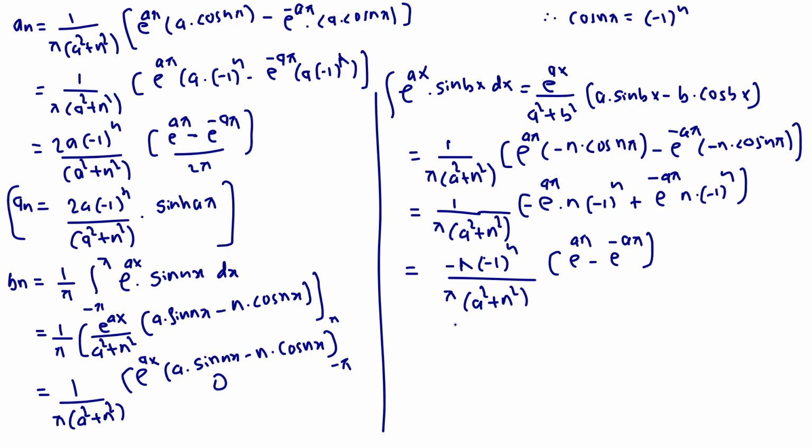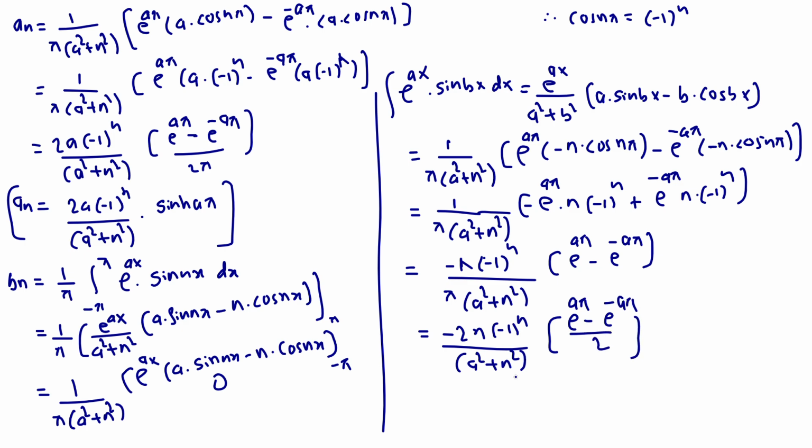So now do adjustment, multiply and divide by 2, so minus 2n into minus 1 raised to n divided by a square plus n square, and here you will get e raised to a pi minus e raised to minus a pi divided by 2.